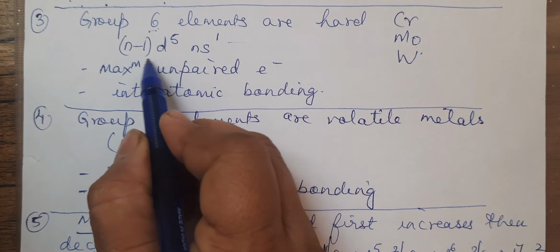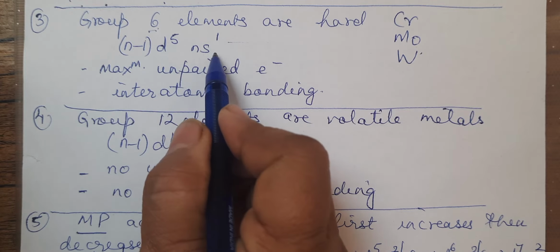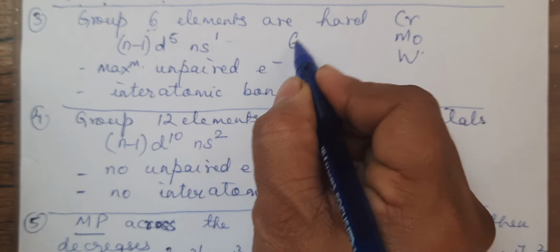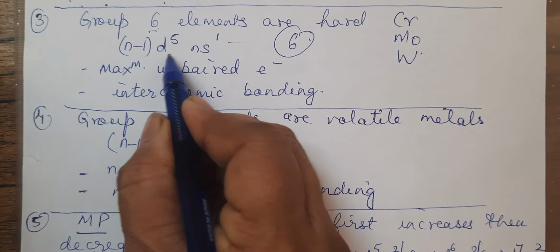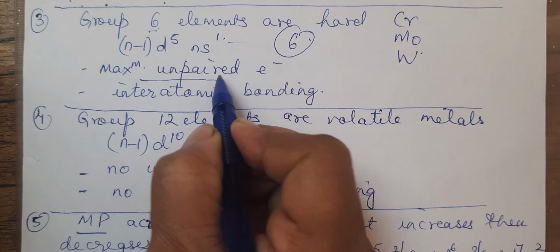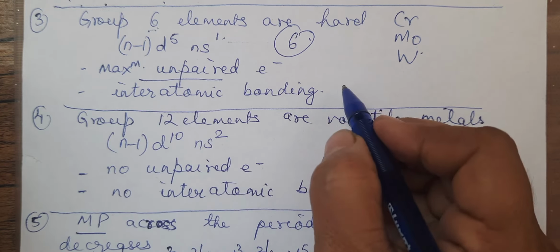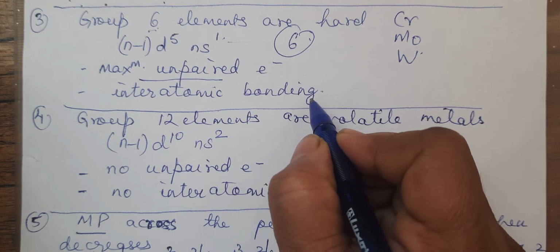And the general configuration is (n-1)d5 ns1. How many unpaired do they have? They have 6 unpaired, because 5 of this and 1 of this. So they have the maximum number of unpaired electrons. It is a very important property of the transition elements that they have interatomic bonding.